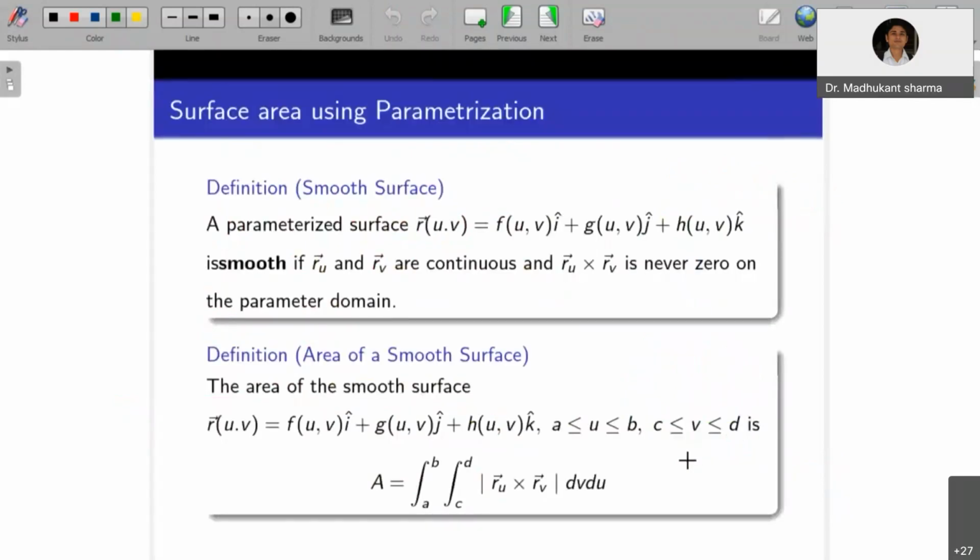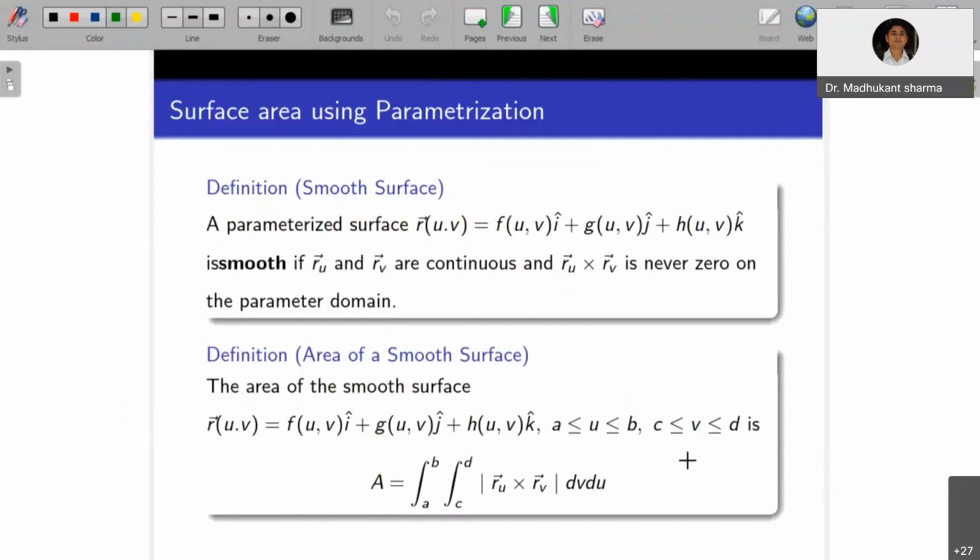Now when you have a parameterized surface, how do you identify the area, or the surface integral? We will come to that formula now. Now, let's define the smooth surface.